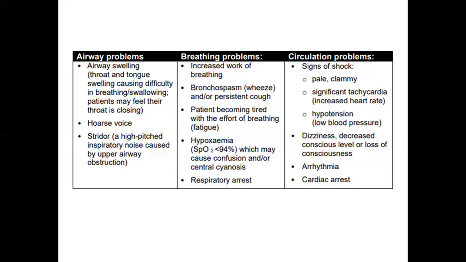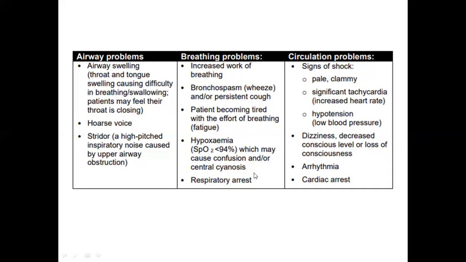So what are the airway features we are looking for? Airway swelling, sometimes the tongue also, yeah, that can be taken as airway also. And hoarse voice, stridor. Breathing problems: SOB, bronchospasm and wheeze. The patient is becoming tired and dyspneic, hypoxia without any other features.